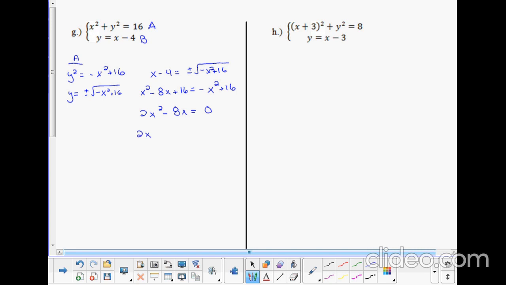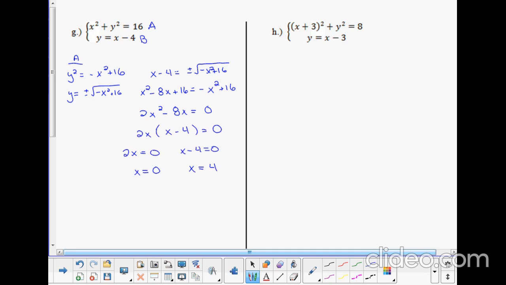Now I may notice that these two terms have a GCF. That GCF would be 2x, so I can factor out 2x. I have two factors that multiply to give me 0, so I can set both factors equal to 0, and solving them, x would be 0, and x would be 4.